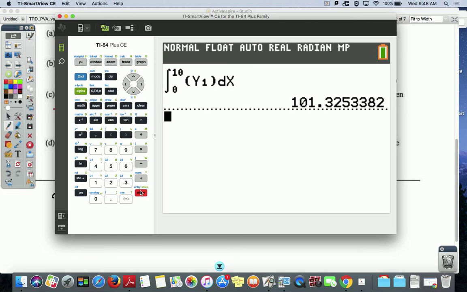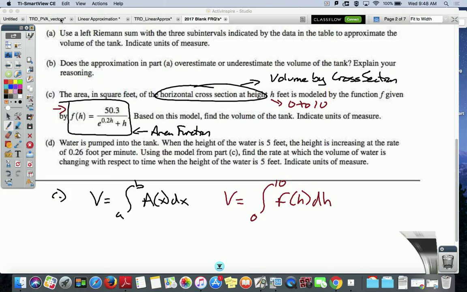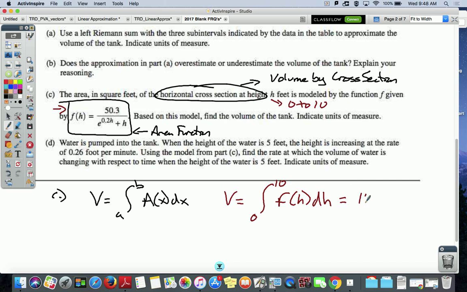Calculator will think, and this is my answer. It's 101.325. Remember, we're going out to 3 places after the decimal point. So this is 101.325. Again, we need to have our unit, cubic feet.